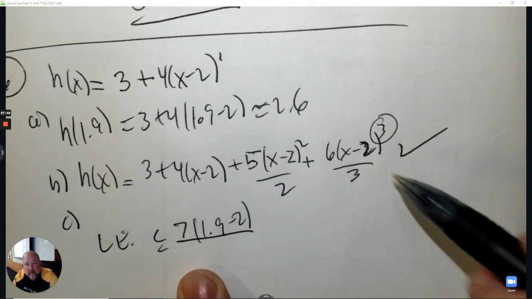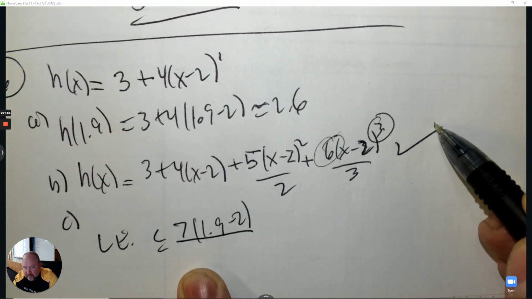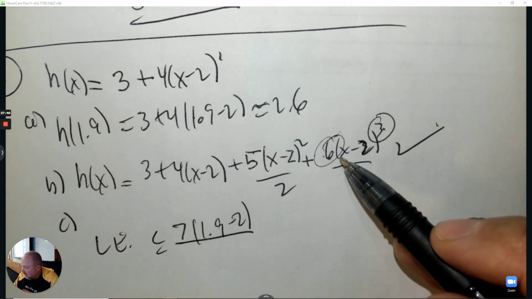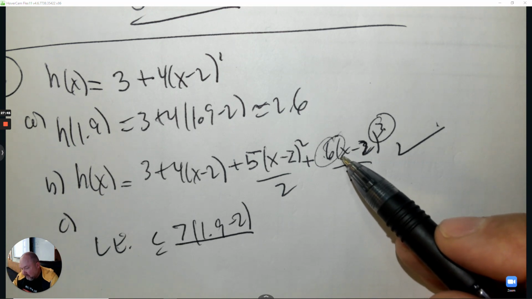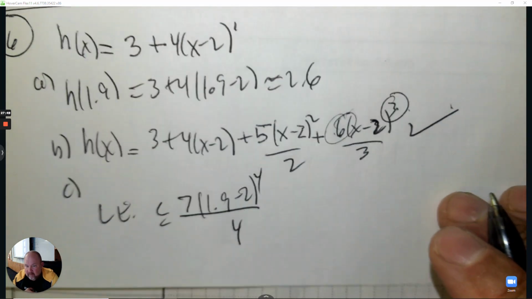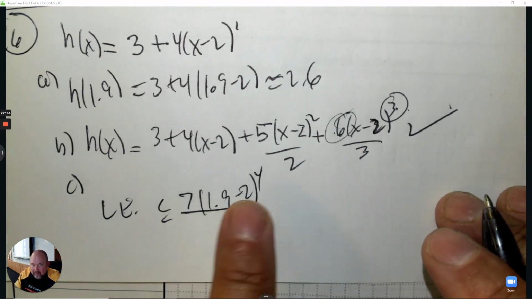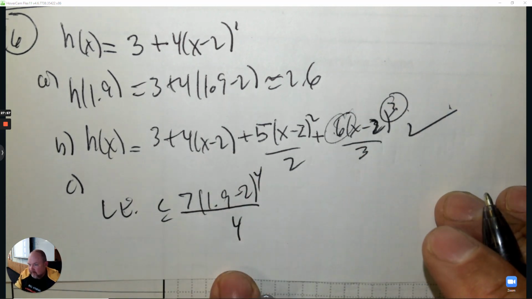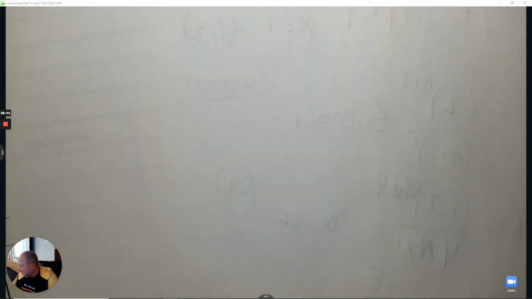So again, we're using the next term. So the error would be the next term. So 7 would be the next one. That's the derivative of the next one. Then 1.9 minus 2, and then it would be to the exponent 4 over 4 factorial. And that would give you the error, the next term after. So the derivative, and then 1.9 take away 2, because that's what the x value is, and then to the exponent 4 divided by 4 factorial. All right, number 17.